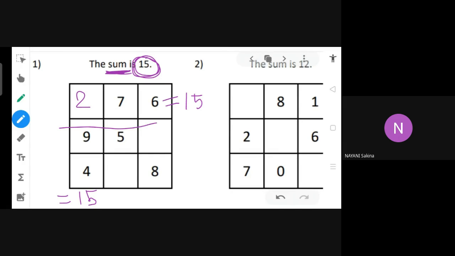Same way here also, 9 and 5 are given. 9 plus 5 is 14, and we have to make 15, so we put 1. This way also it will be 15. Now count this way also: 6 plus 1 plus 8, how many? 15.